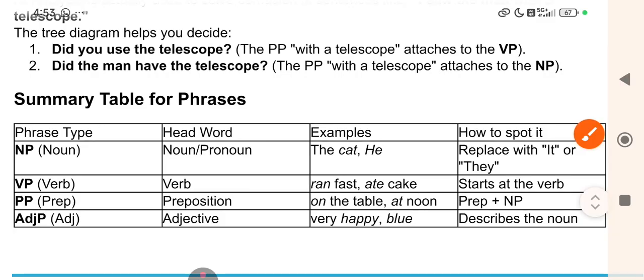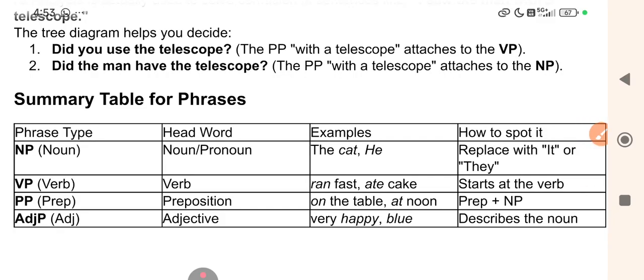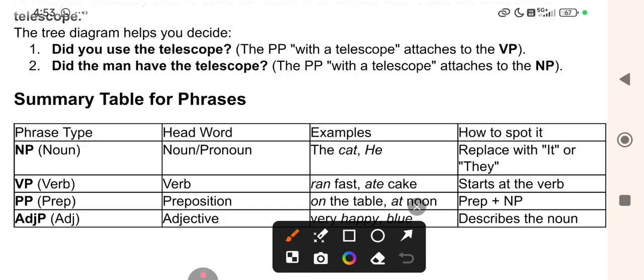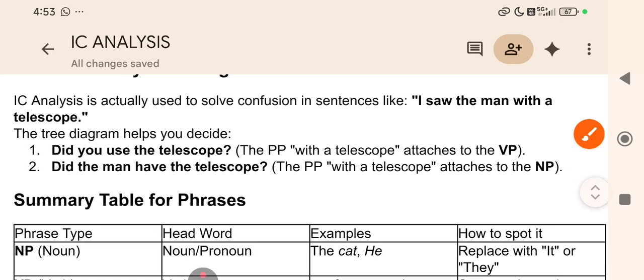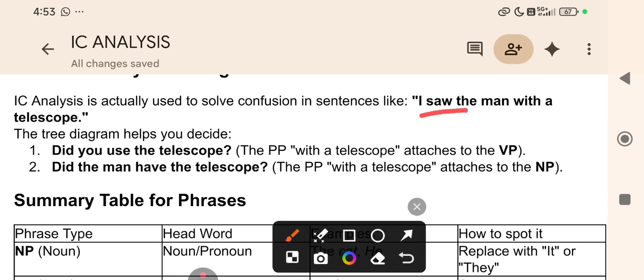So did you see the telescope? That's a question you can put: the prepositional phrase "with a telescope", right? So it attaches to the verb. "I saw", that's a verb. "I saw" is attached with the man, so that is "I saw the man".